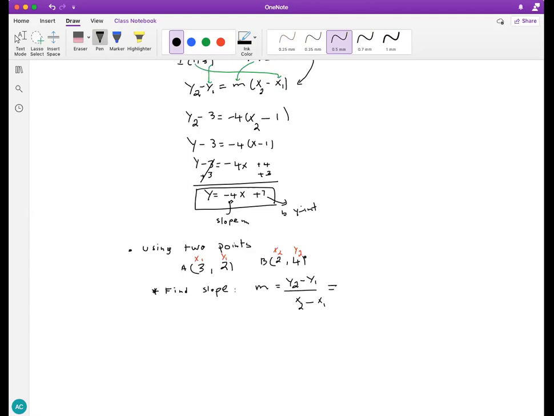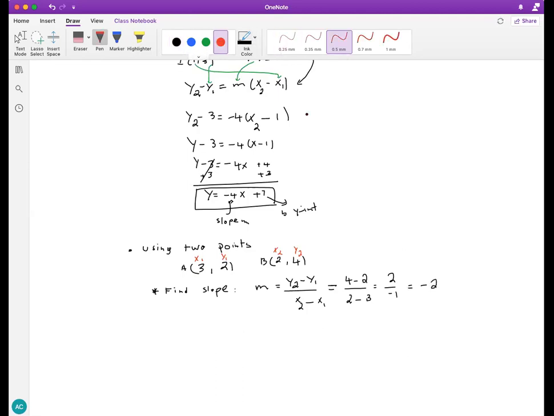So y2 is 4 minus y1, which is 2, over x2, which is 2, minus x1, which is 3. Okay, simplify this. That's 2 over -1, which is -2.